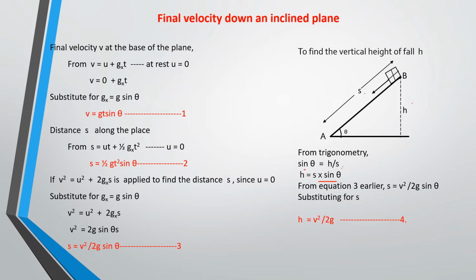Now from previously we've gotten that s is equal to v squared over 2g sine theta.